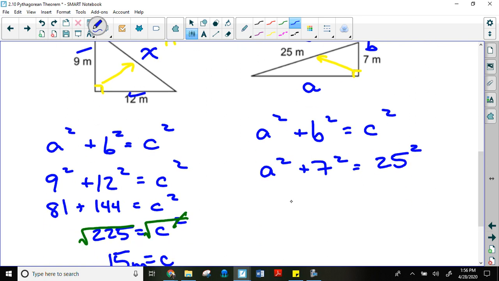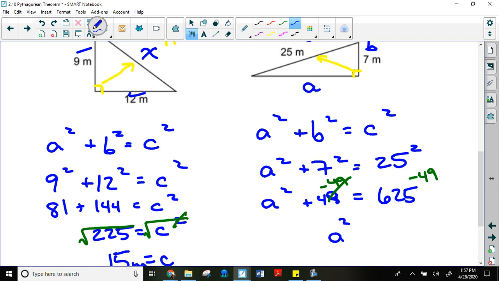I would actually do the calculator step right now. a squared plus 49 equals 625. And then I would start isolating for the a squared. If you want to start isolating earlier, you can, but I always like getting my numbers to a solid number. And then it just looks nicer in my brain.